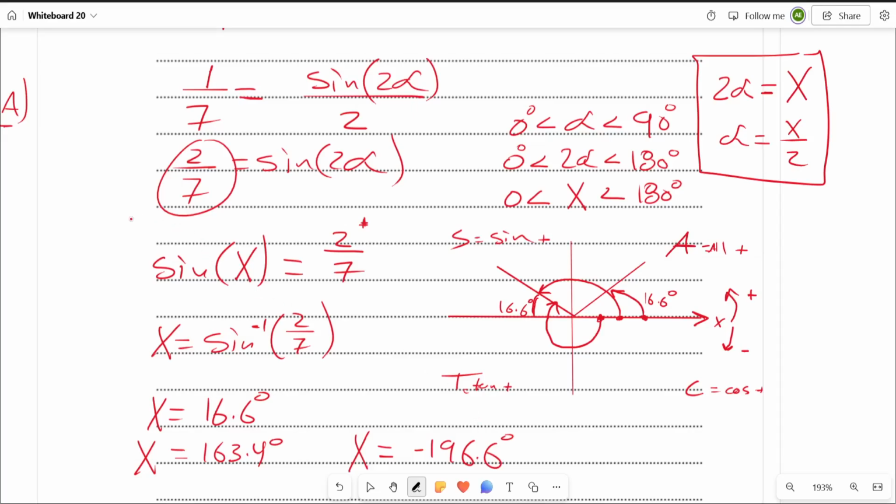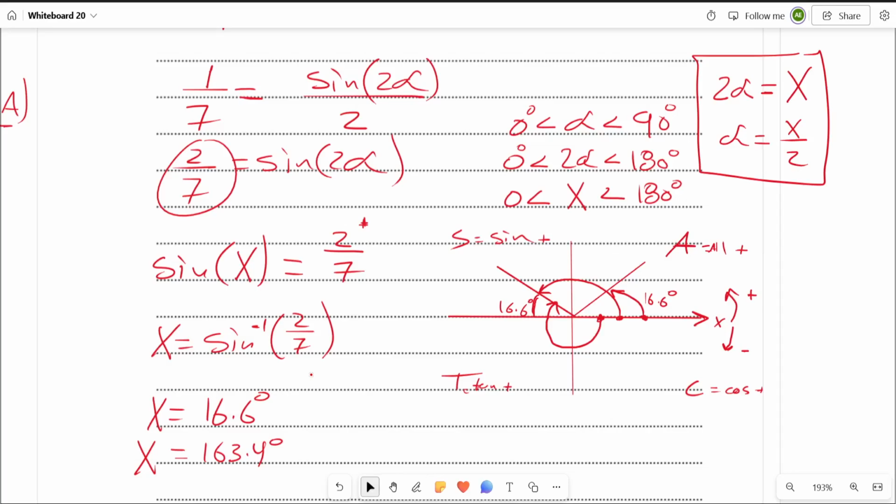And if you try to put sine of negative 196.6 on your calculator, it should give you 2/7 basically, or 0.28 something. You change it to decimal, it's going to be the same. So these are basically how to find all the solutions. The only restriction you have is your range. So the only two values that will satisfy our range are these two values.